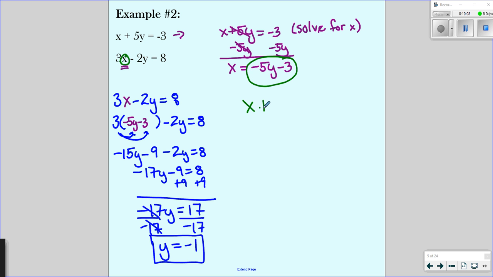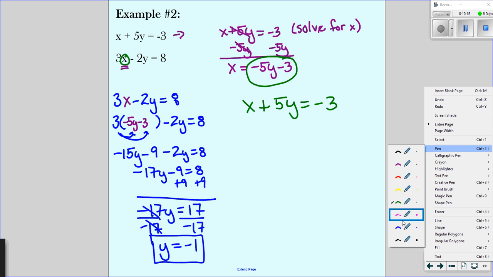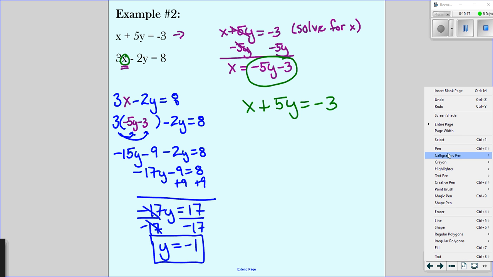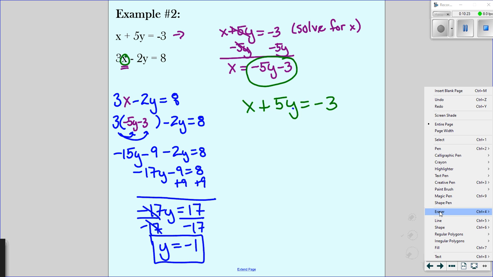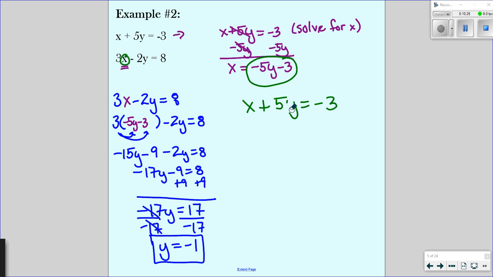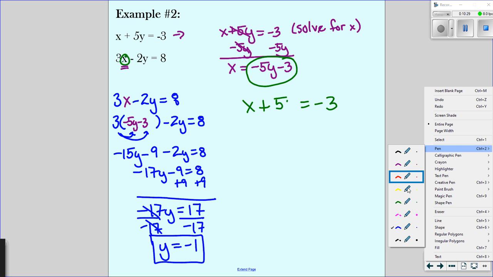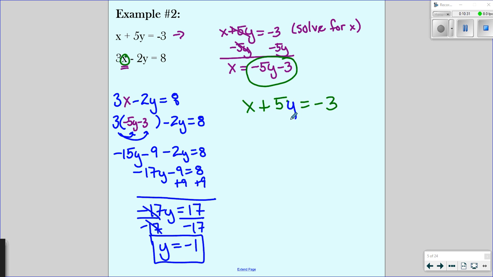So this one will be x plus 5y equals -3. The y, let me change that to, oops, trying to choose eraser. I'm going to put that in blue, so that way you know that's what I'm substituting to try to find y.